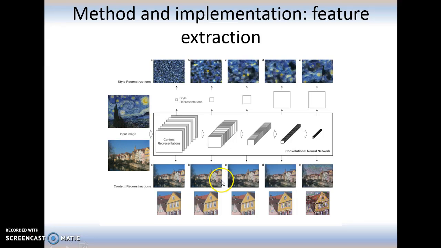But as we go deeper into the network, the high-level layers become more precise at capturing the shapes and the skeleton of the objects. This indicates we can extract content features from the image in higher layers.